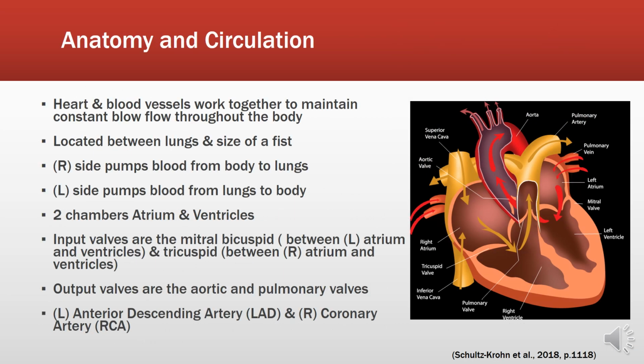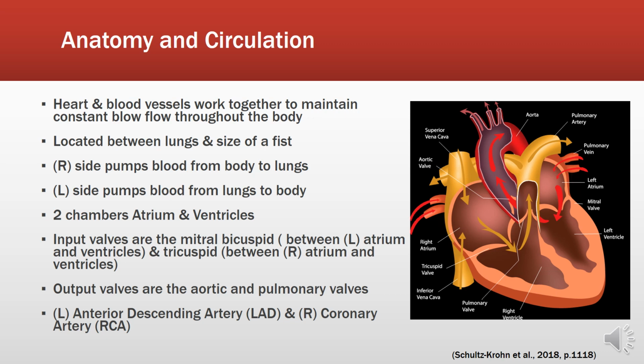So for us to get started, it's really important to understand the anatomy and the circulation of the heart. Again, this should be content that you reviewed and practiced in anatomy and neuroscience. So I'm going to briefly go through what I feel is the priority of what you should know. The picture to the right gives all the anatomy components of the heart.